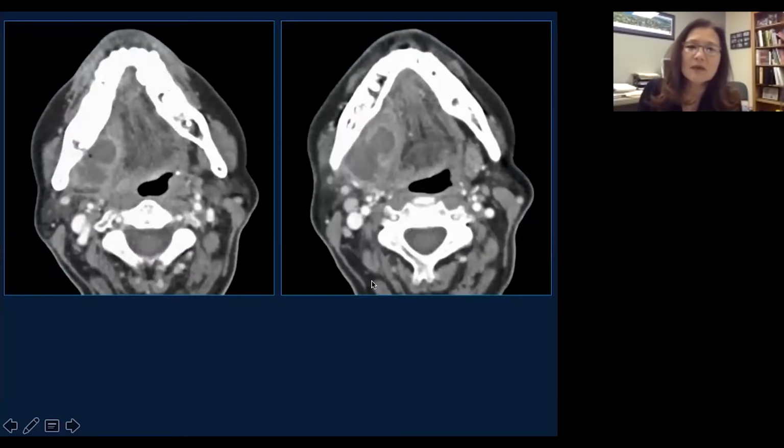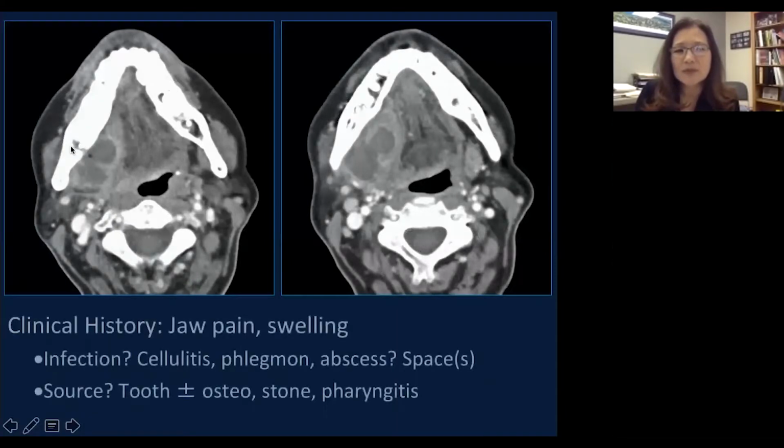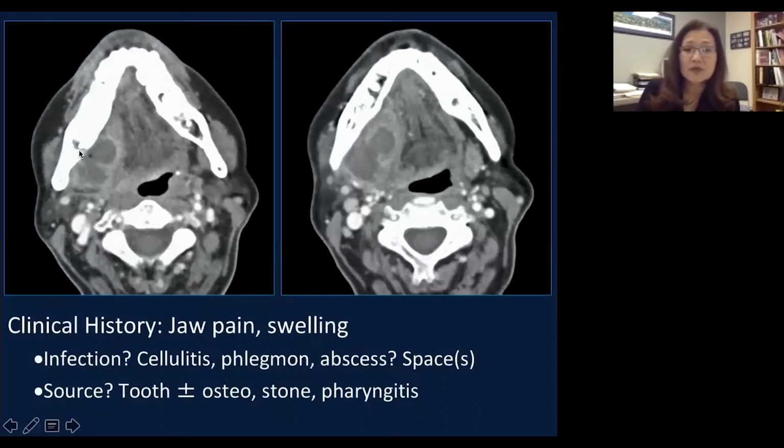This is an example of infection, an abscess. Notice there's a rim-enhancing fluid collection in the floor of the mouth. And when you look at the bone density, you notice there's a bone dehiscence. The patient presents with jaw pain and swelling, so this is clearly suspicious for infection and abscess formation.